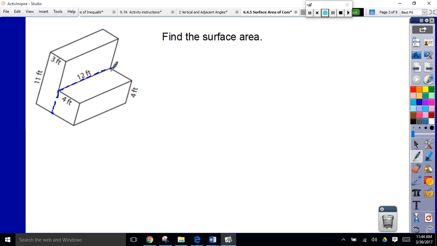So you'd have to find the area of this plane that they share, and you'd have to take it away twice because there's 2 of them. Each one of the shapes has that area. Okay, so pick one of those methods, either count up all of the surfaces and find the area, or find the surface area of each prism and subtract the area that they share. Let me give you a couple minutes to work on this, then we'll talk about it.